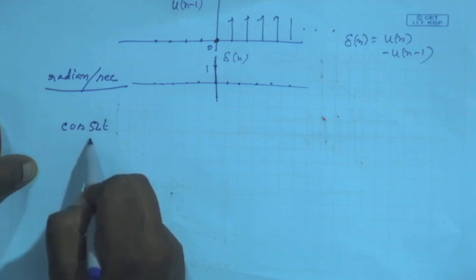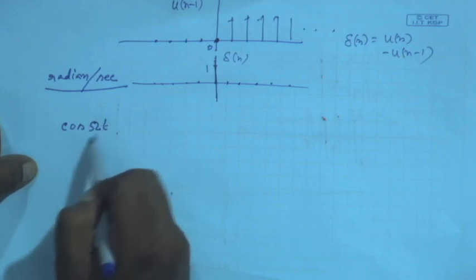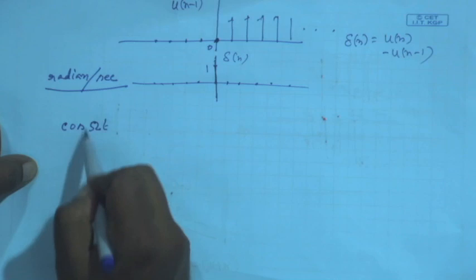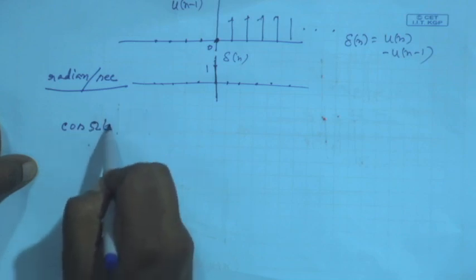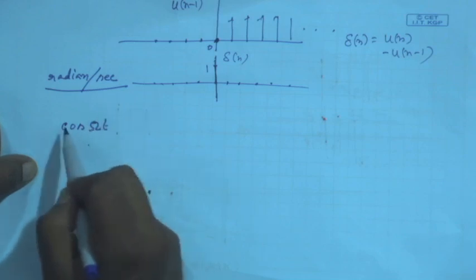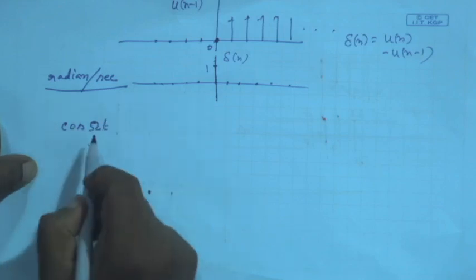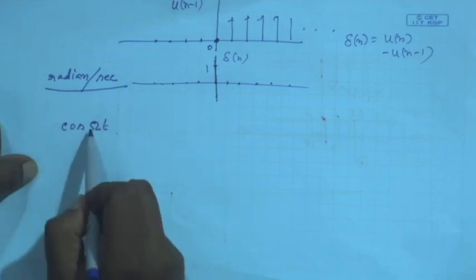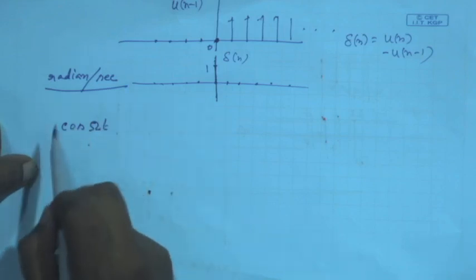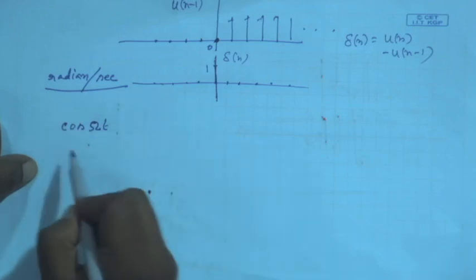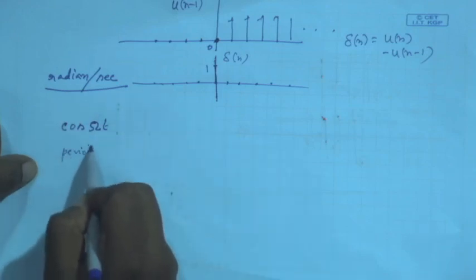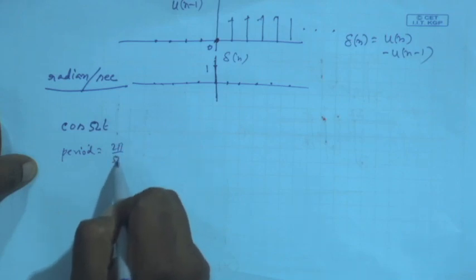So, radian per second into time in seconds, the second cancels because this whole argument has to be an angle. So, radian per second into second becomes radian. So, cos of radian. This is analog frequency, but for any capital omega we know this will be periodic over a period 2 pi by capital omega.